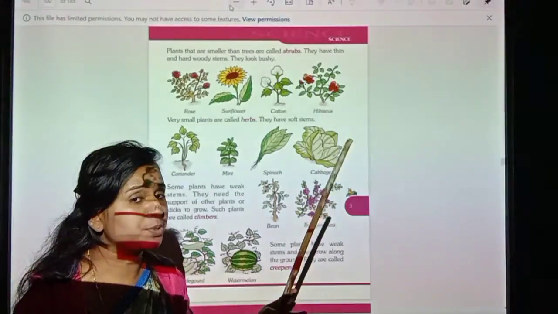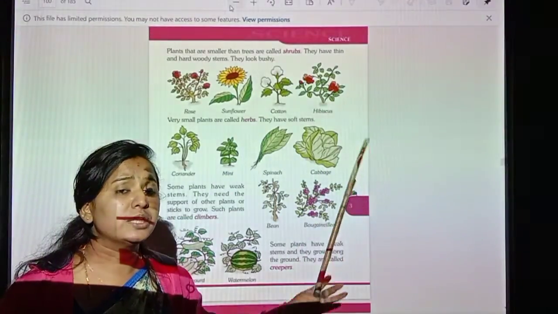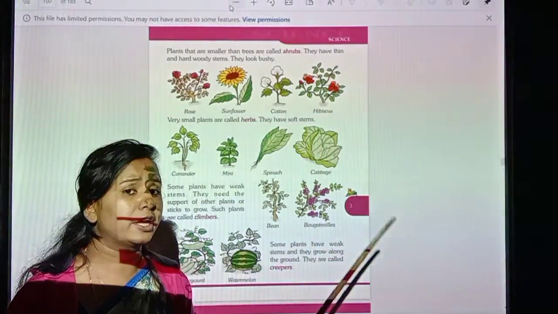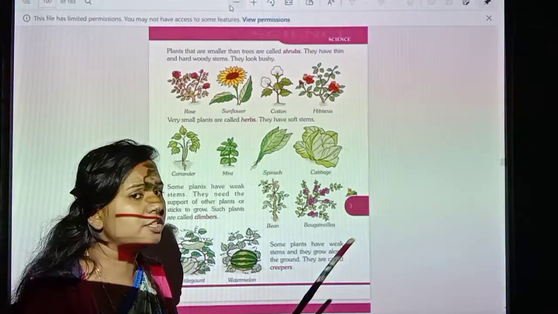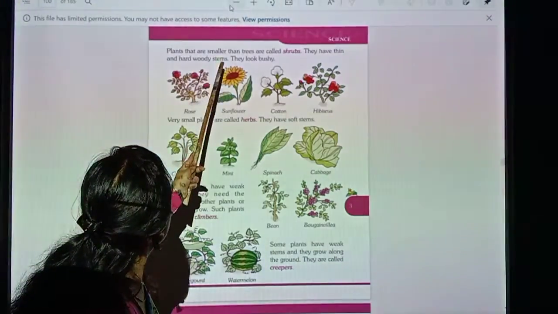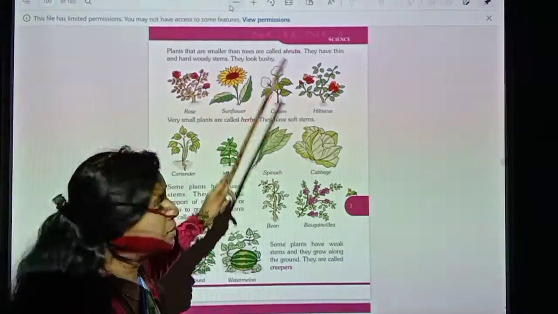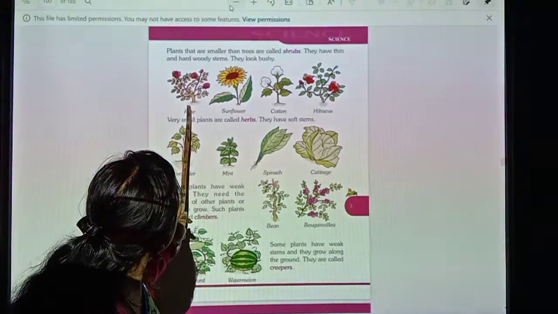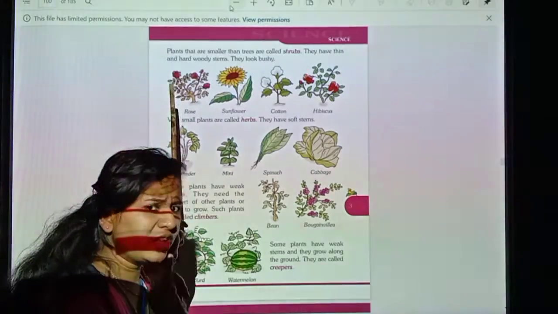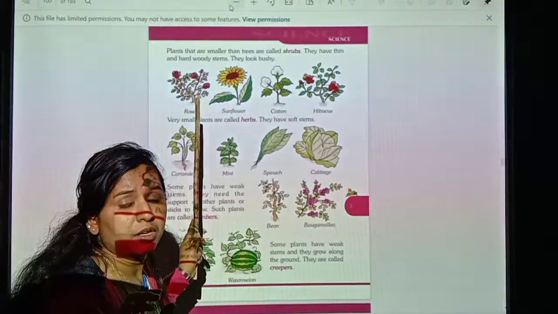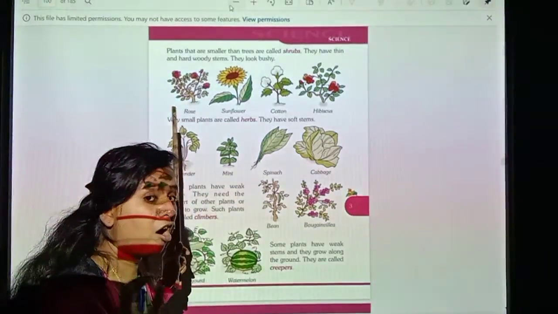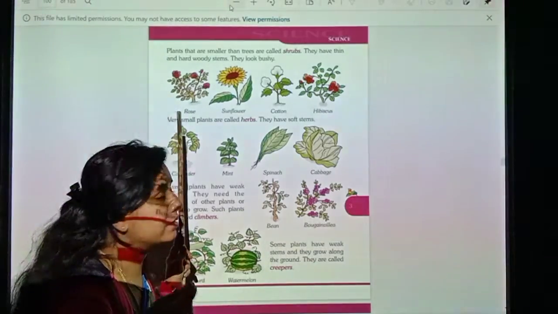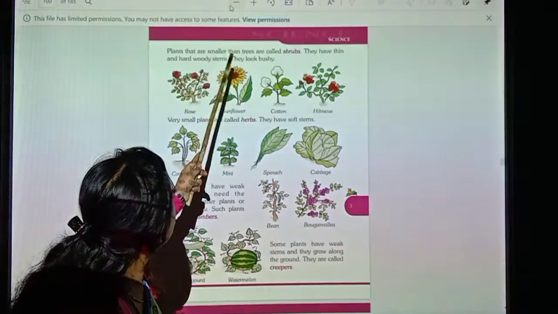All these are shrubs because the plants which grow like bushy plants are called shrubs. They are smaller than trees, and the stem is thin, but it's hard. We can't pick that. It's a hard woody stem.